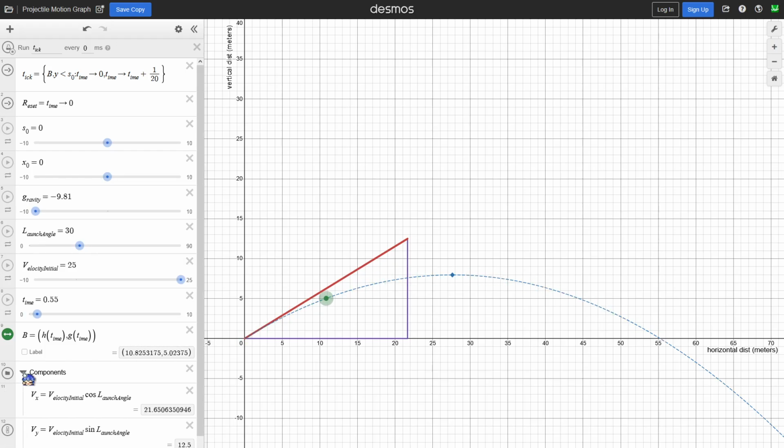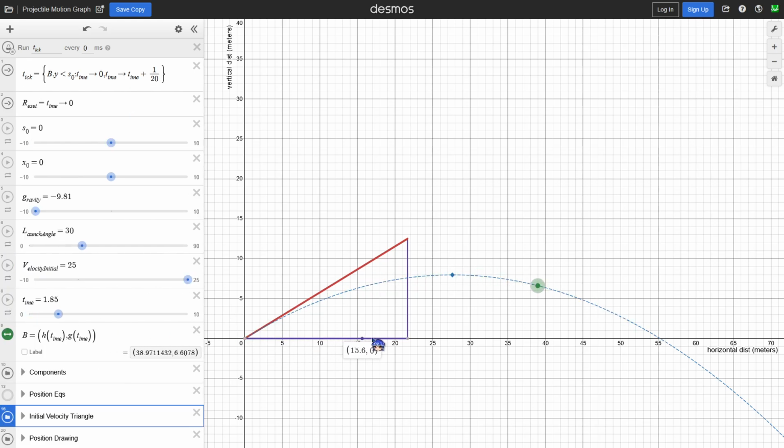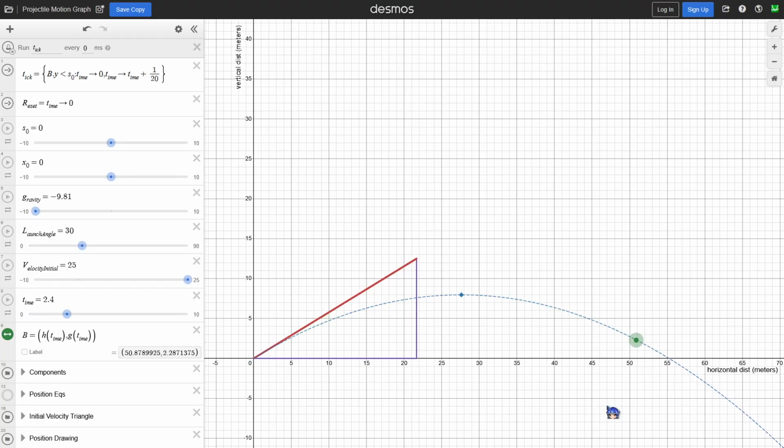Yeah, the main components of it are getting the x and y. This triangle here is representative of the initial velocity vectors of this ball.